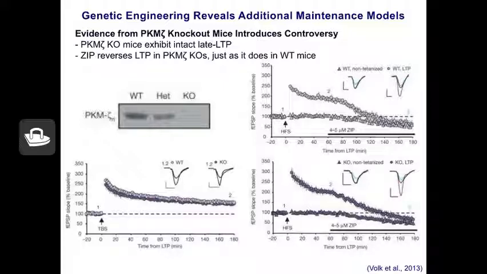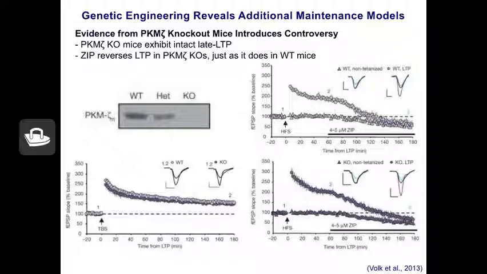So Volk and colleagues investigated further. They tested the effect of ZIP on late-stage LTP in wild-type and knockout mice. Remember that ZIP, the zeta inhibitory protein, inhibits the function of protein kinase M-zeta.